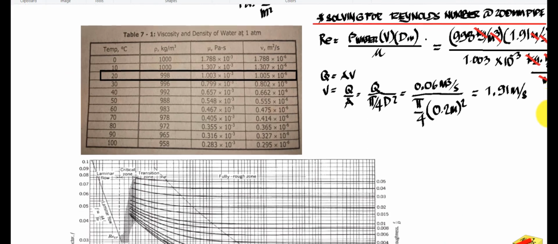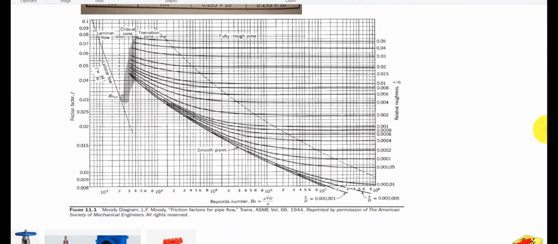So let's find that here. Starting from here, this is 1 times 10 to the power of 5. We have 3.8, so that is between 3 and 4, about 3.5, so it is somewhere here. I'm going to write it down here: 3.8 times 10 to the power of 5.